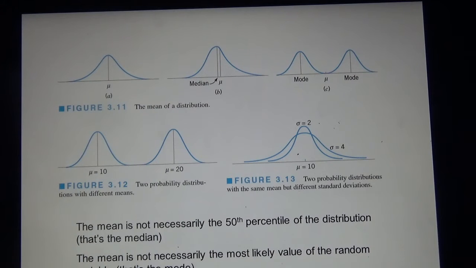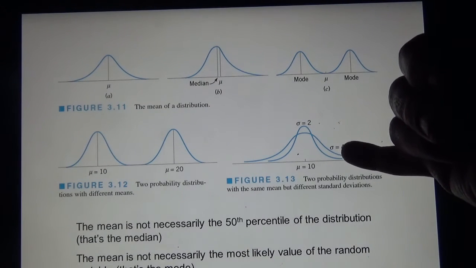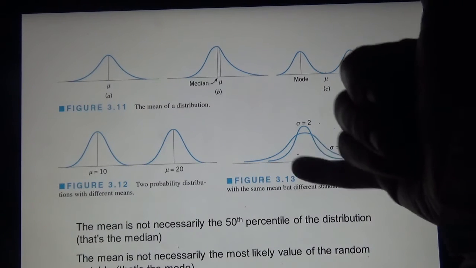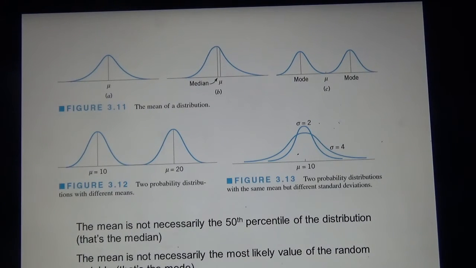Figure 3.12 gives an example for the C model. At the top, in the C model example, mu is equal to 10 for the first distribution and mu is equal to 20 for the second distribution. Let's compare the standard deviations when they are different. In this example, there are two distributions. Both have 10 as the average value, but their standard deviations are different: one is 2, one is 4.